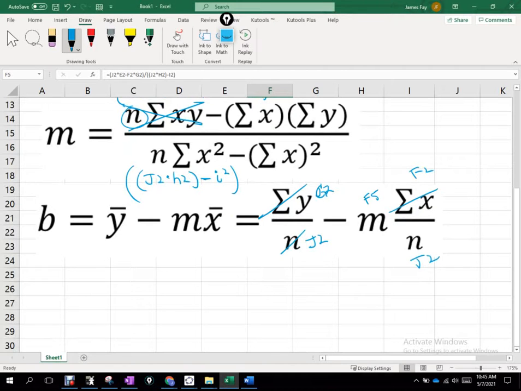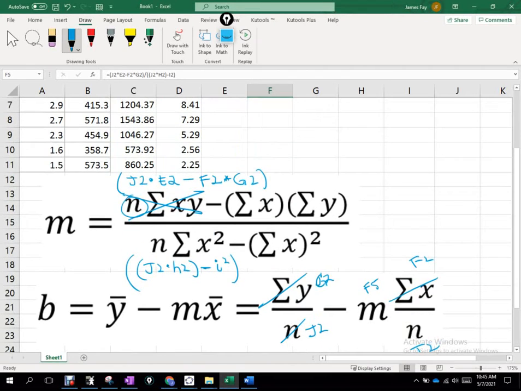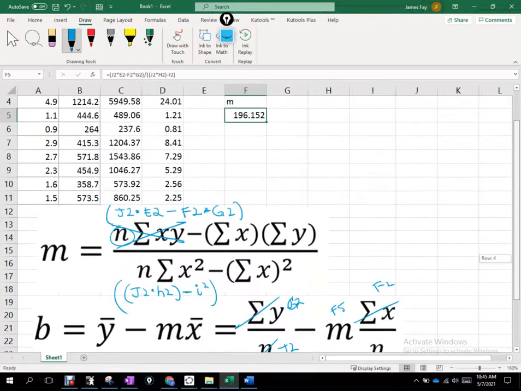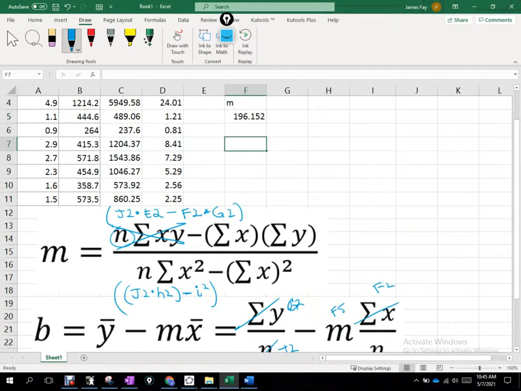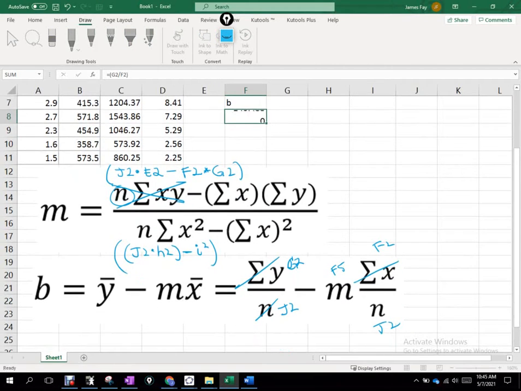I'm just going to choose a spot so I can see everything here at once. I'm going to put B right here. And then down here I'm going to say it's G2 divided by J2, sorry. So G2 divided by J2.